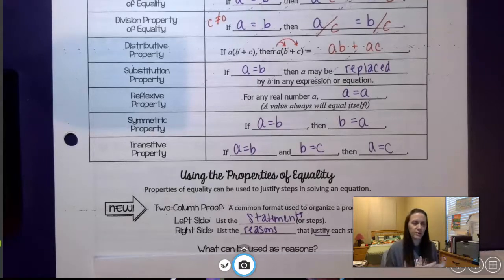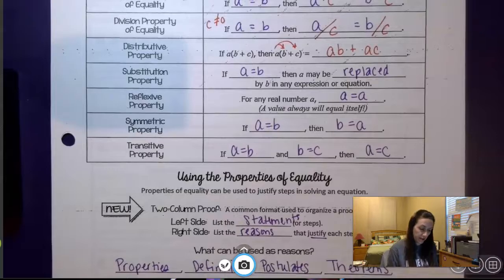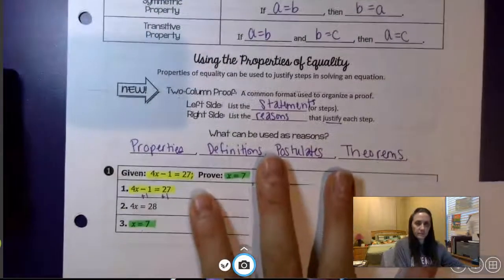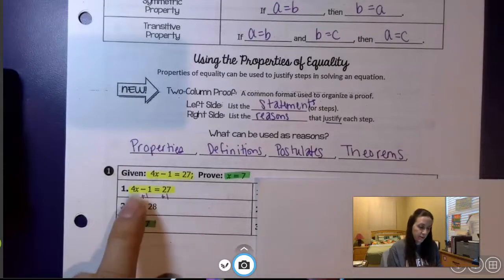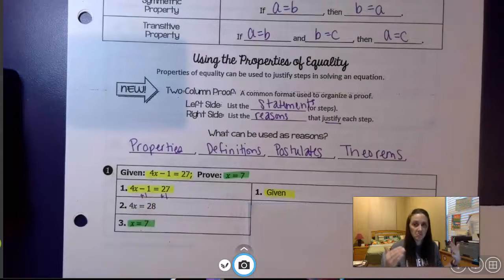These are equations you've been doing since pre-algebra and algebra, and now you just have to tell me why you were doing them over here on the right. So this equation is already here. I highlighted it in yellow. That always goes first. Whatever you're given goes first, and the reason for it is because it's given.